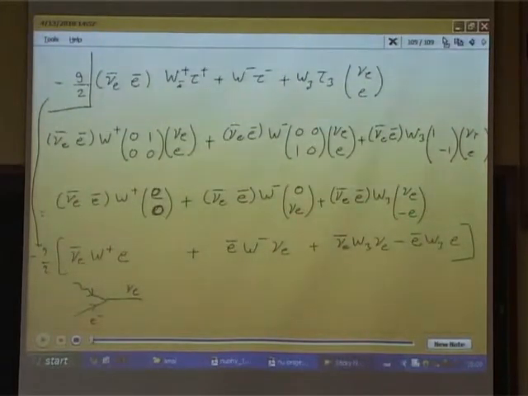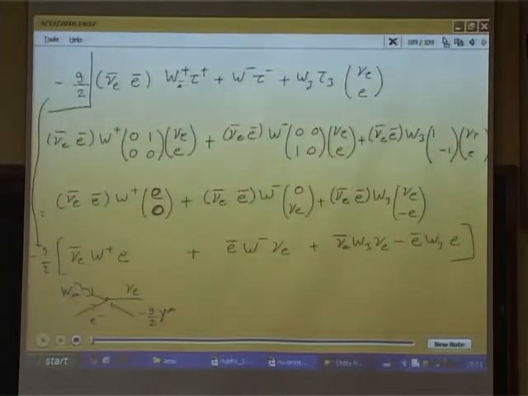So this tells me that my theory has this vertex, and this vertex has a strength equal to minus G by 2. Now remember things that we had forgotten: the gamma mu. I put in all the indices that we had ignored.